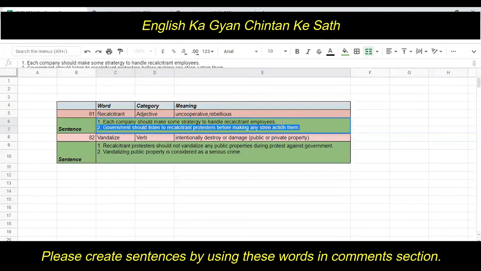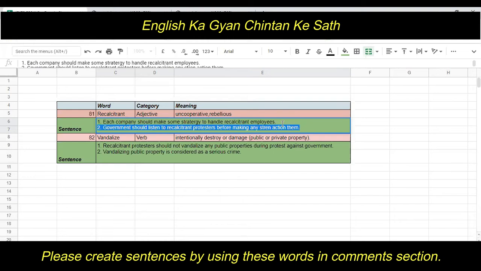There are also some scenarios in which there was a proper discussion between those two parties, and this sentence is in the same context, that government should listen to this recalcitrant protester before taking any action. It means like before taking any proper action or before stopping their protest, government should listen or should discuss with these recalcitrant protesters.